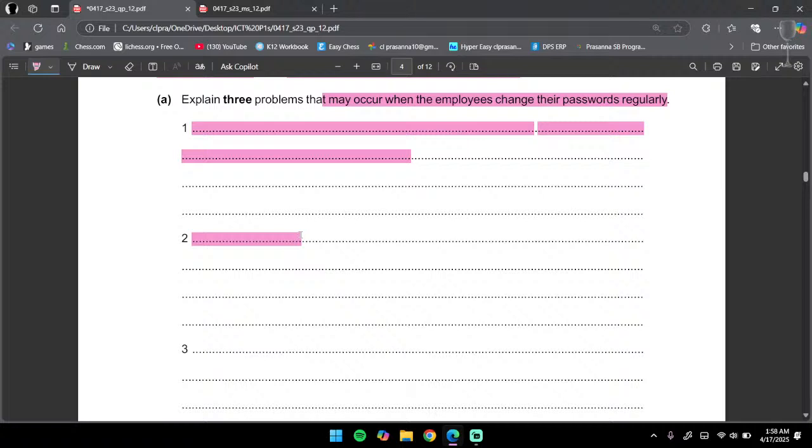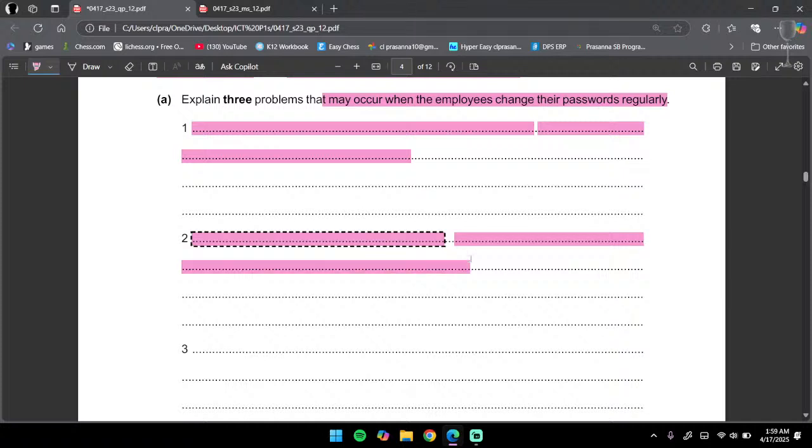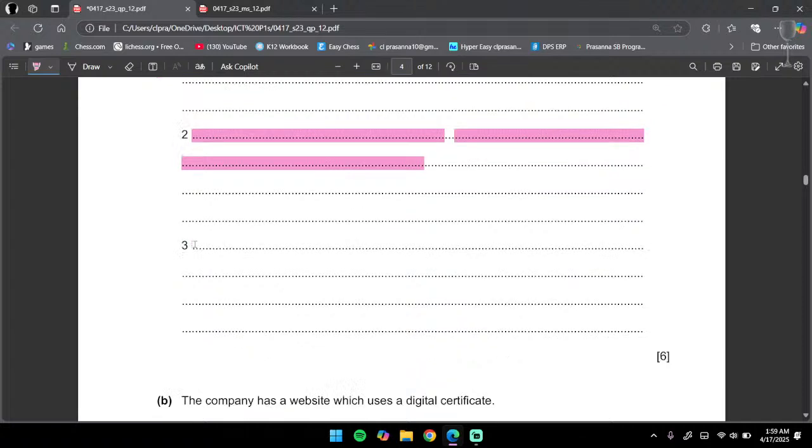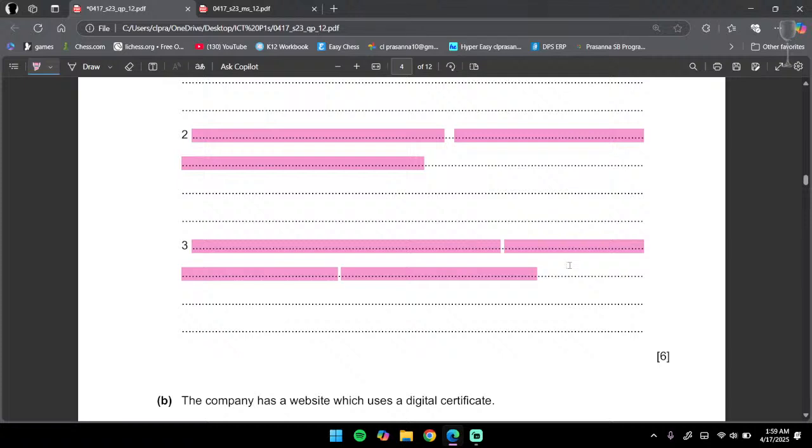Some of the employees may write them down, which reduces security as well, because someone can check them and then gain access to the system. You can also say it's difficult to come up with new passwords because you have to regularly change them, due to lack of ideas, which could reduce the security of the system again.